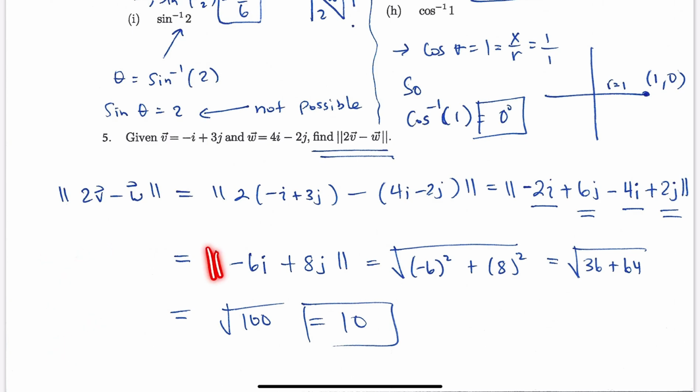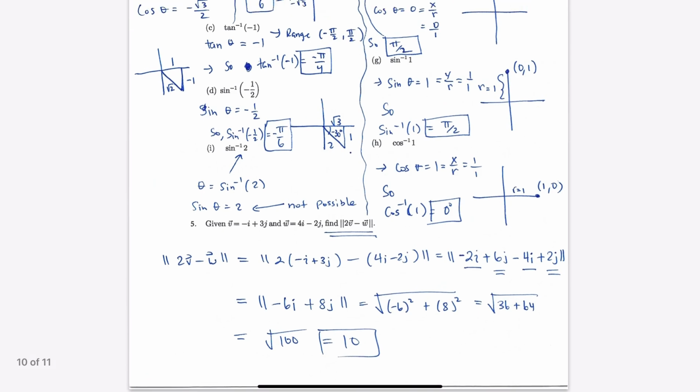Now, the way magnitude works is you square root what you see, but inside you do the negative 6 squared, which comes from here, and then the 8 squared, which comes from here, and you do the math, and you should get to this solution here. Keep it simple, keep it simple.